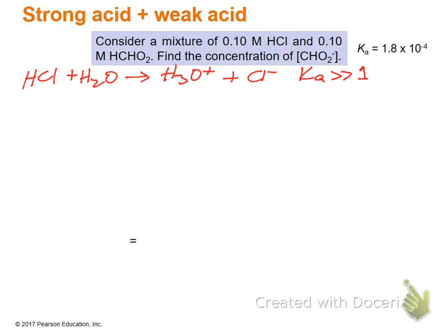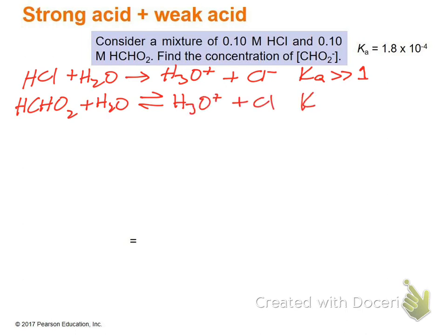And for the weak acid, we have formic acid here, HCHO2, plus H2O, double arrow, H3O plus and the conjugate base. And the Ka is given here, which is equivalent to 1.8 times 10 to the negative 4th.